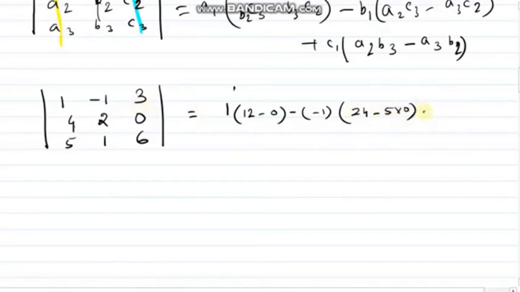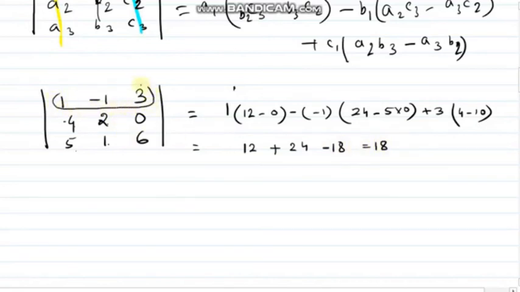For the last one it is 3 into 4 into 1, 4, minus 10. Just use this formula. So it will be 12, then plus 24, then 3 into minus 6, that is minus 18. So the answer is 18.